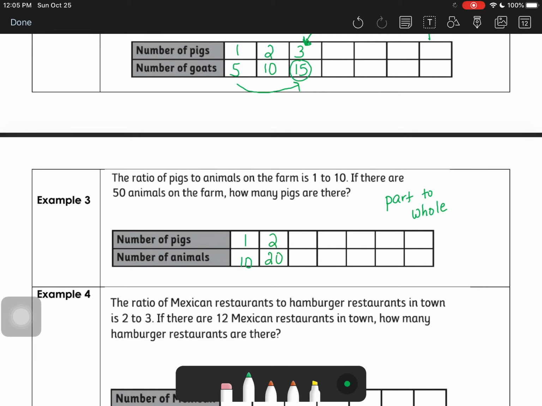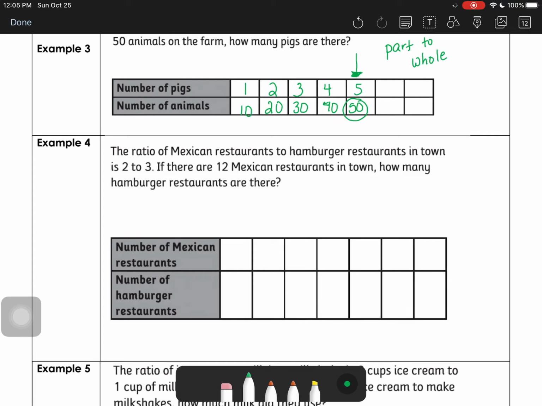We could multiply the pigs times 3. 3 times 1 would be 3. And the number of animals times 3, which would be 30. We could multiply the pigs by 4 and the number of animals by 4, which would be 40. We could also multiply by 5. So it asks us, if there are 50 animals on the farm, how many pigs would there be? And that would be 5. And that's a part to whole.